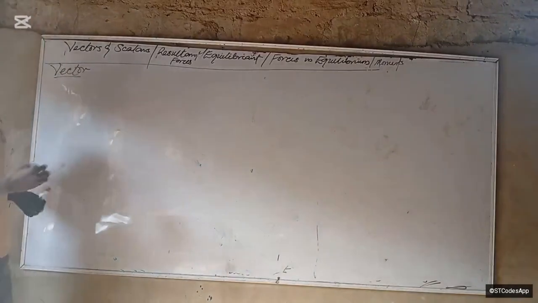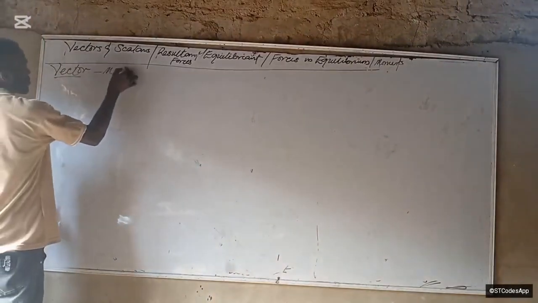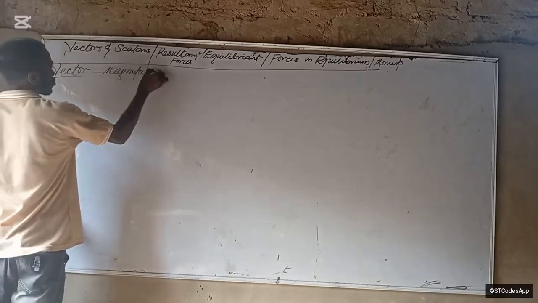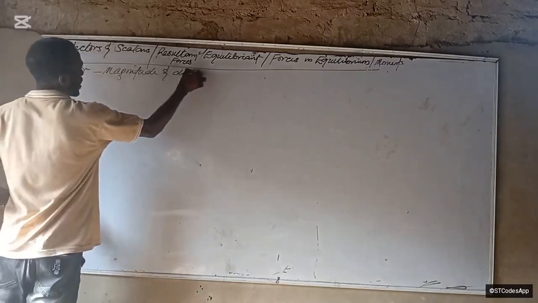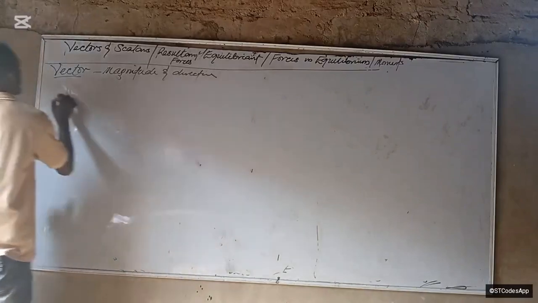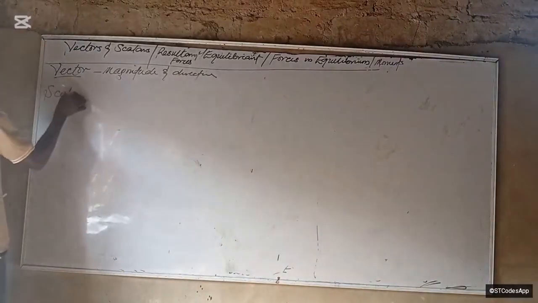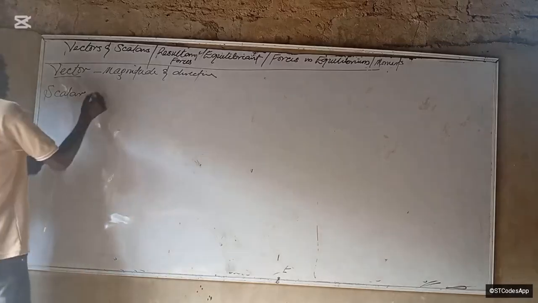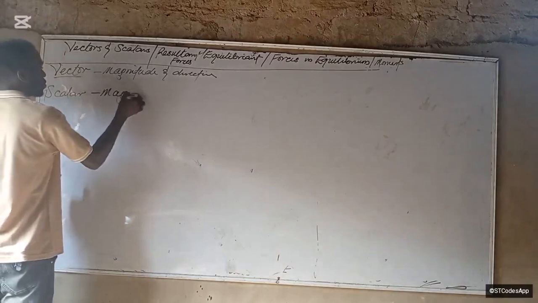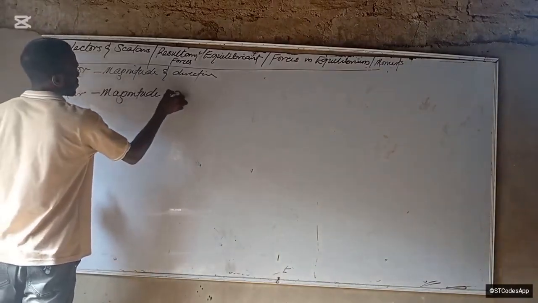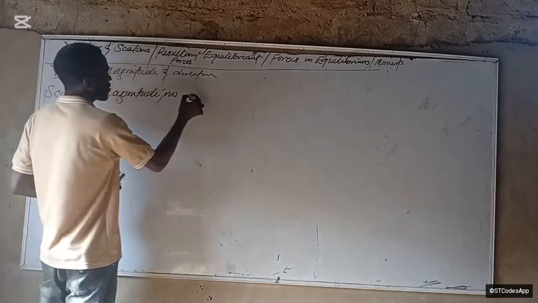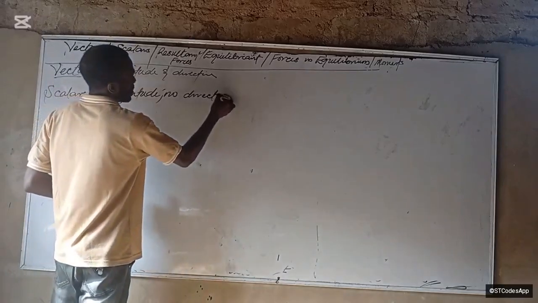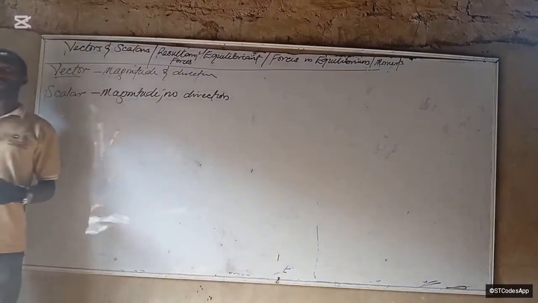A vector is a quantity that has magnitude and direction. Then what is a scalar? A quantity that has magnitude, but no direction. Now, usually they ask which one is vector, which one is scalar.